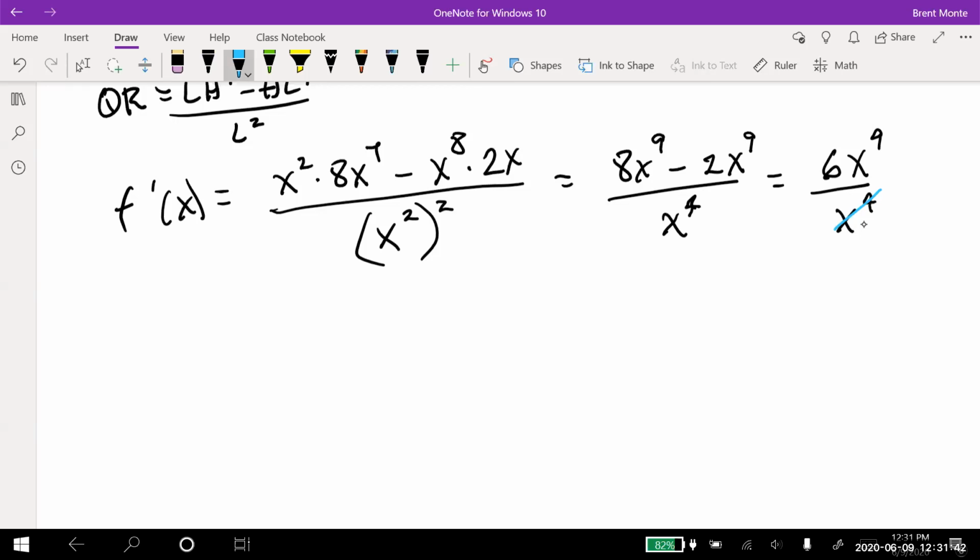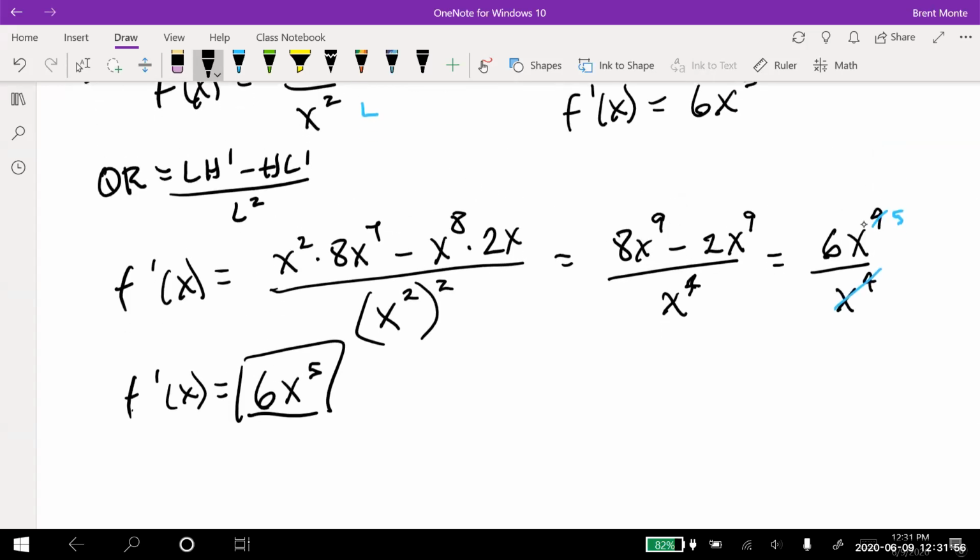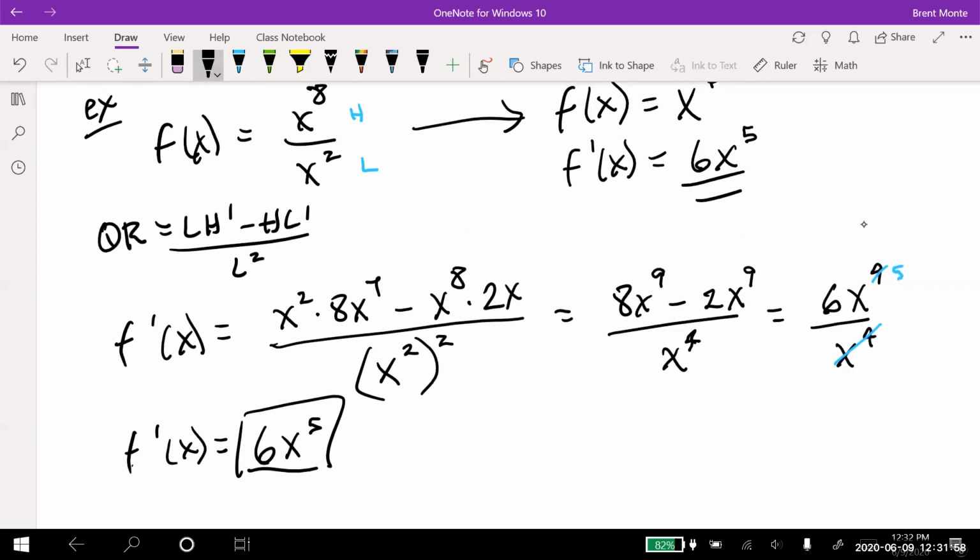This x to the 4th cancels 4 of these, leaves me with 5. And so I end up with a derivative of 6x to the 5th. And remember, that's exactly what the derivative was supposed to be. So we see that the quotient rule did work to give us the correct derivative.